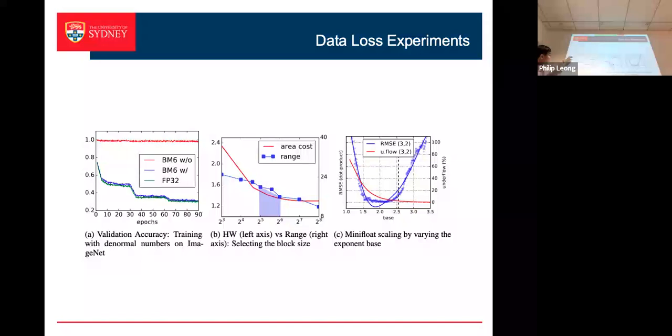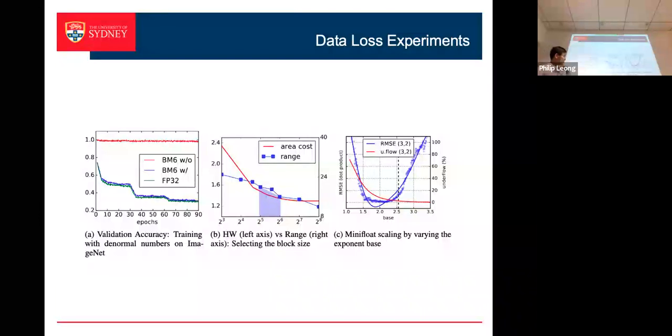If you don't use denormal numbers, then it just doesn't converge. The green one is 32-bit floating point, and the blue trace here is 6-bit block Minifloat. And as you can see, it converges to the same loss value.